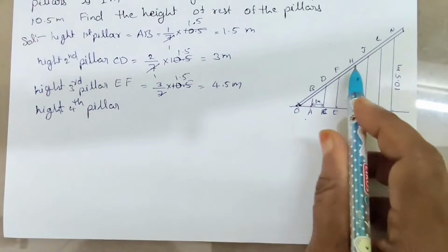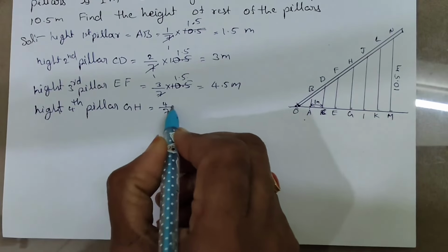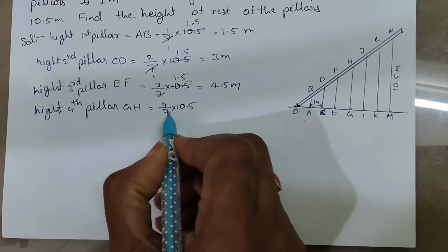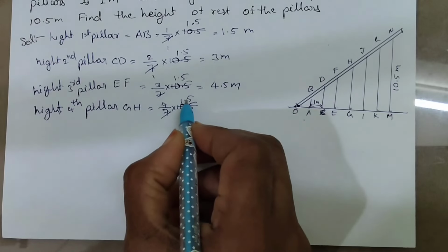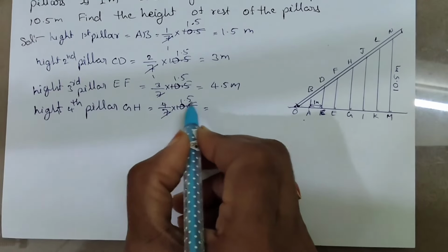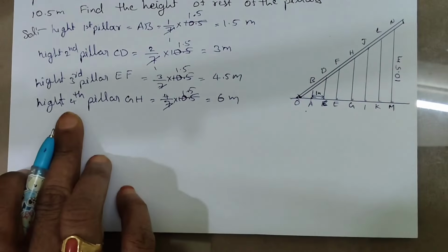The fourth pillar is GH. GH is equal to 4 by 7 into 10.5. One part is 1.5, and 1.5 into 4 is 6 meters, the fourth pillar height.